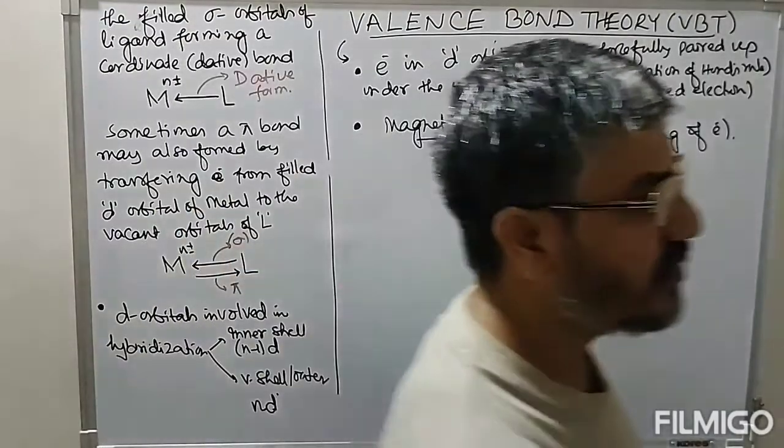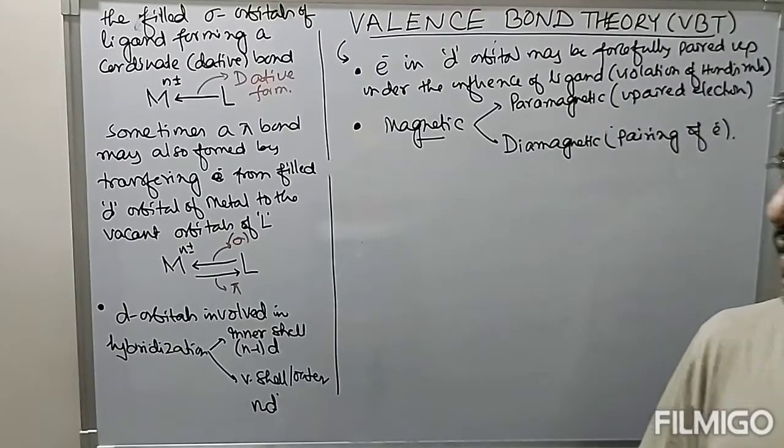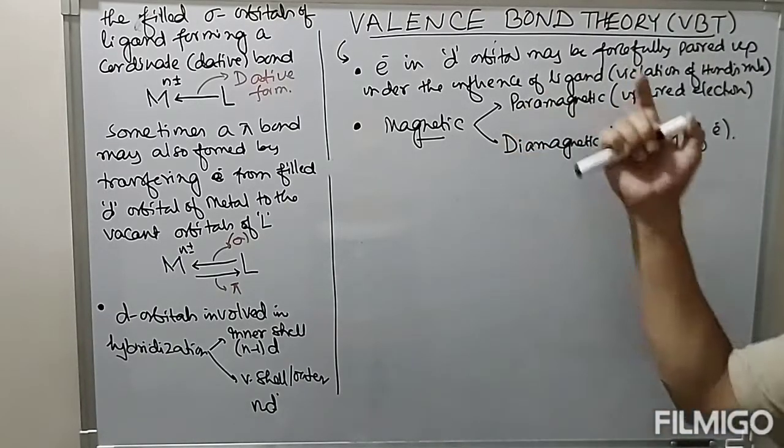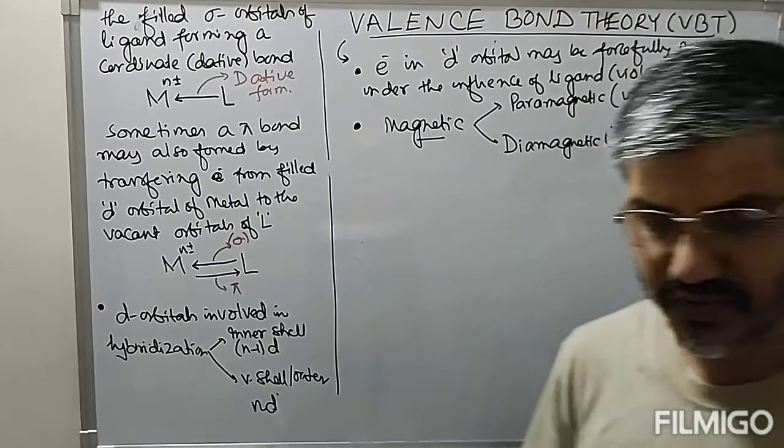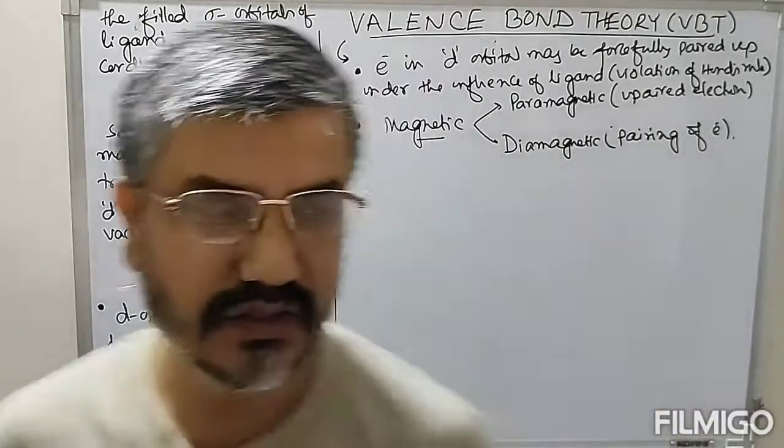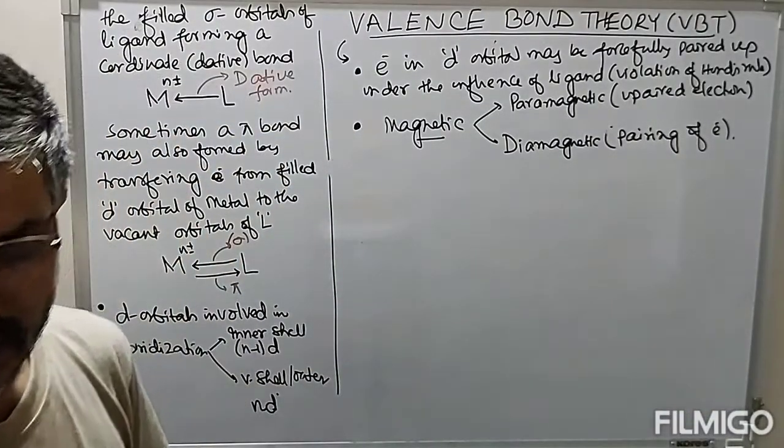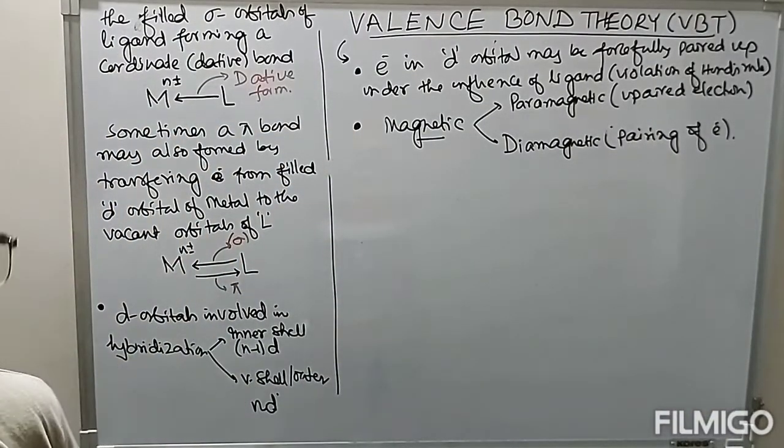So these are some of the postulates of valency bond theory. Based on these postulates, we will discuss the theories of bonding in octahedral complex, tetrahedral complex, and square planar complex.